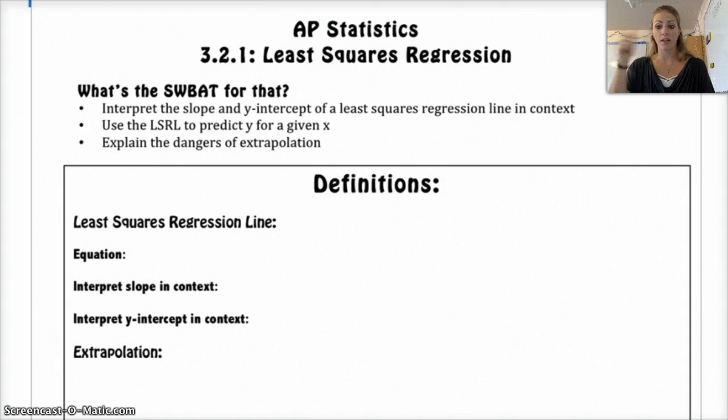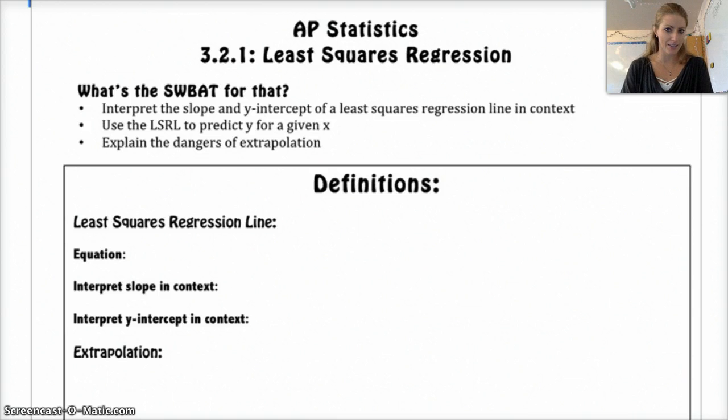Okay, so let's start. Least squares regression line. This is formerly known as, if you ever took any class with me or ever took algebra where they talked a little bit about scatterplots, the line of best fit.